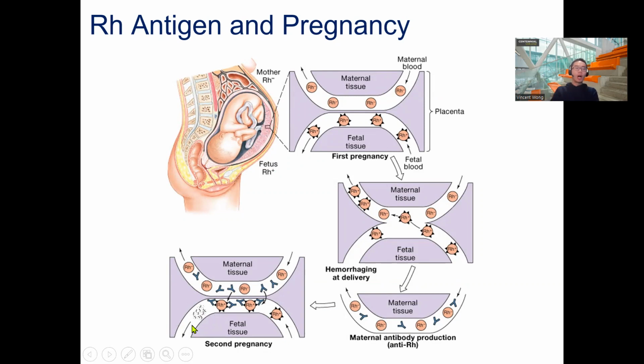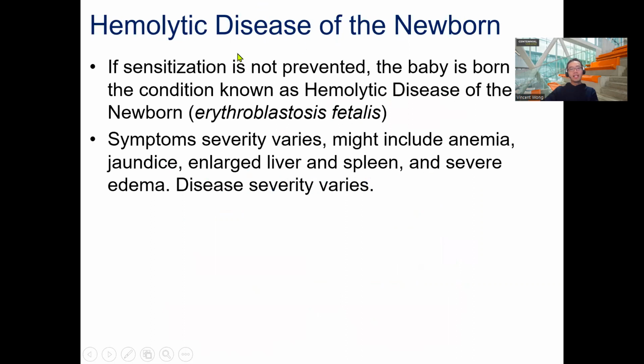So that's basically the problem with hemolytic disease of the newborn. Okay, there's also a fancy name for it, right? Erythroblastosis fetalis, but we're just going to call it HDN for short. Like I said, the symptom severity varies, and it might include anemia, jaundice, enlarged liver, spleen, severe edema, and so forth.